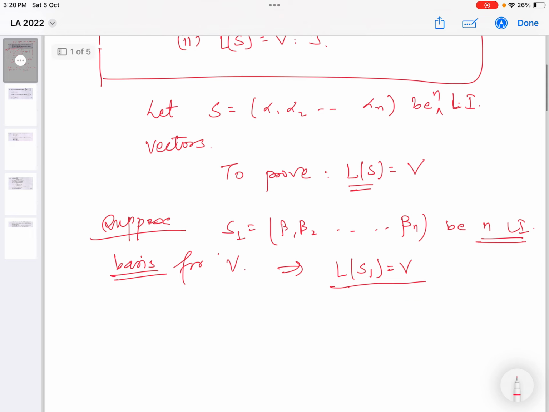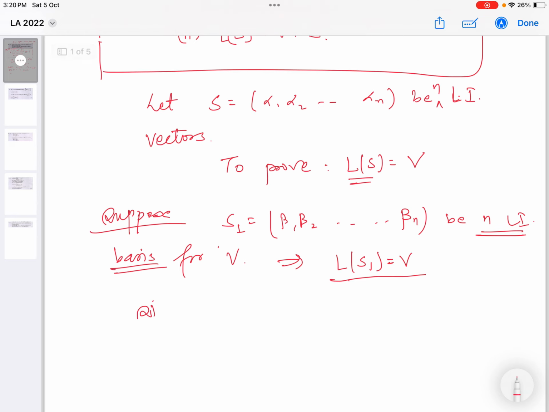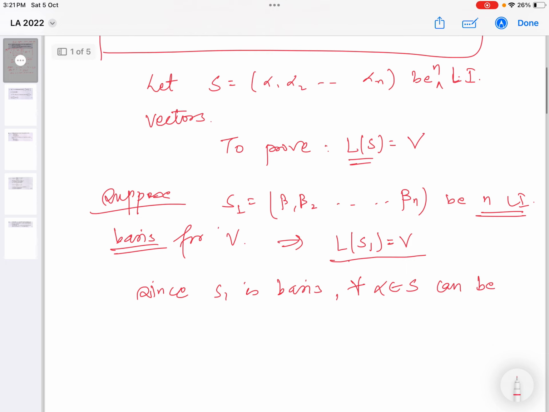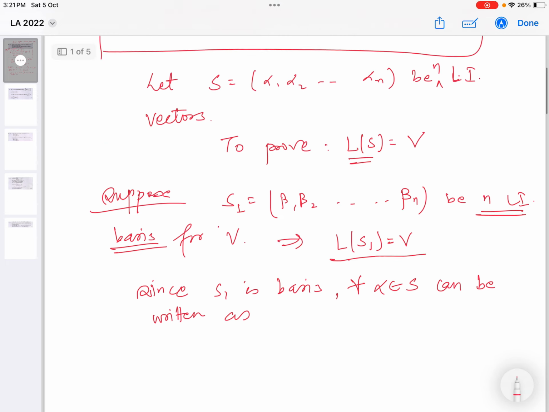Now, since S1 is basis, तो हम क्या बोल सकते हैं कि every element, every alpha belonging to S can be written as a linear combination of beta, something like this.